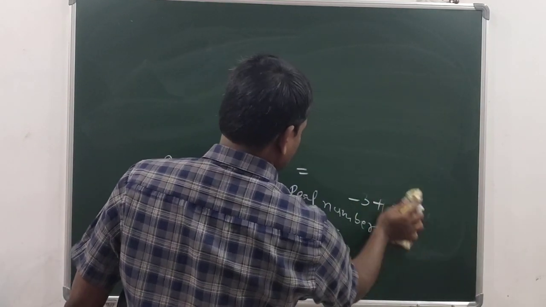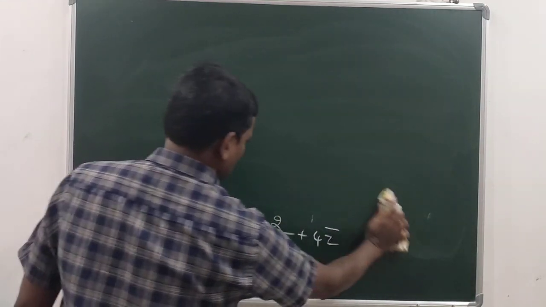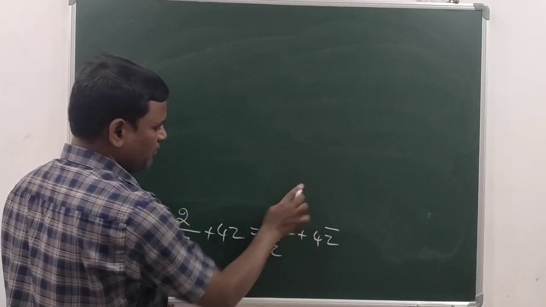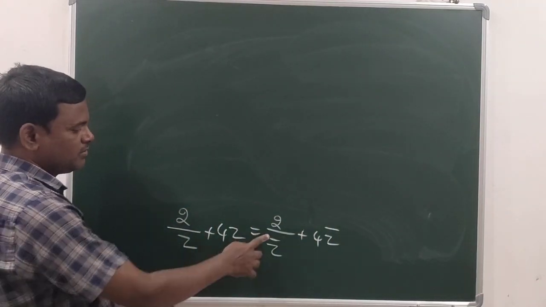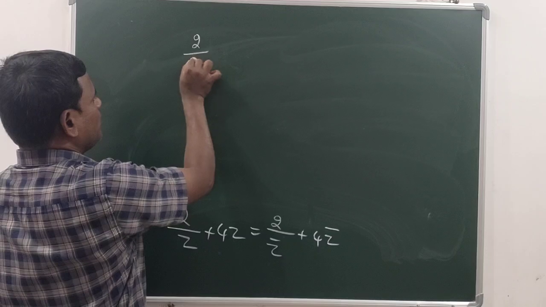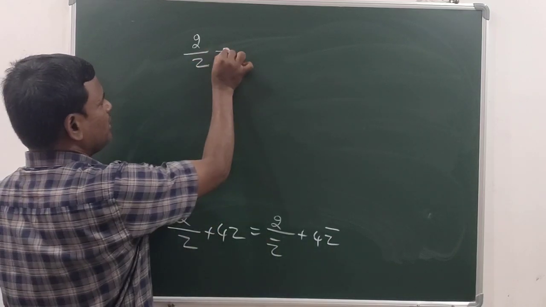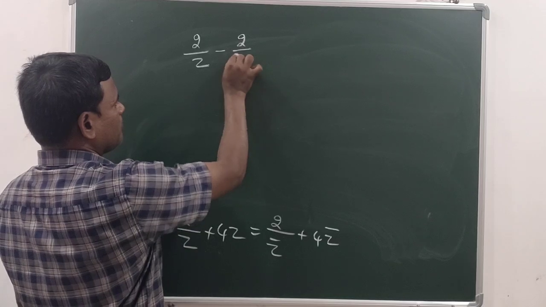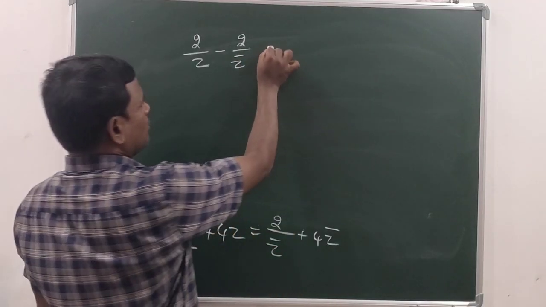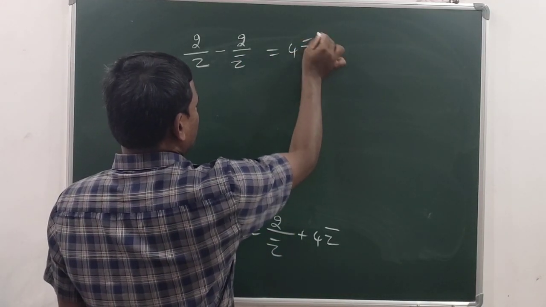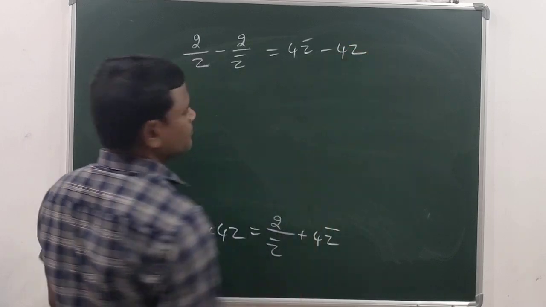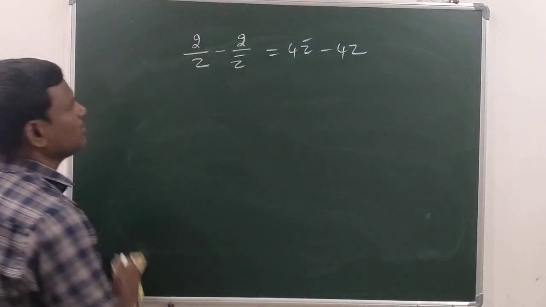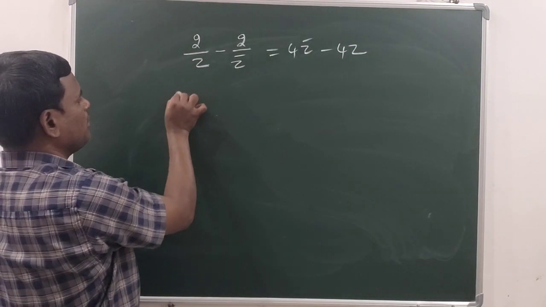Now simplify that. 2 by z, when it comes to the left side, minus 2 by z bar. Send the other to the right side, so we get 4z bar minus 4z. From these two, what do you take common? 2.